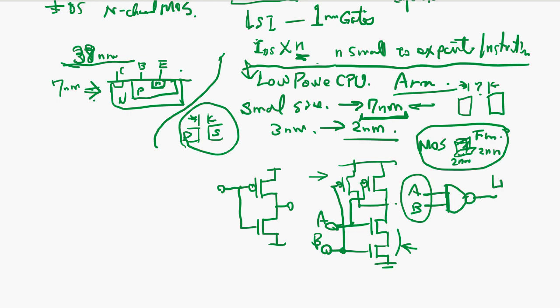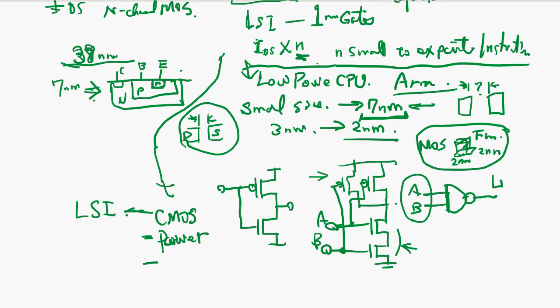Disadvantage of CMOS is the number of transistors you use for each gate increases. Okay, so there is an advantage and disadvantage, but the overwhelming advantage for making LSI is CMOS, because of power consideration. 1 million gates is a lot of current flowing through the chip.